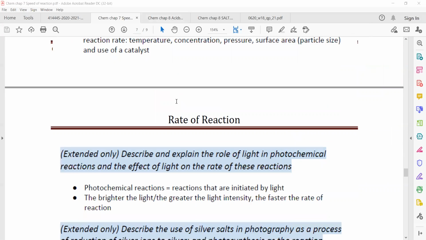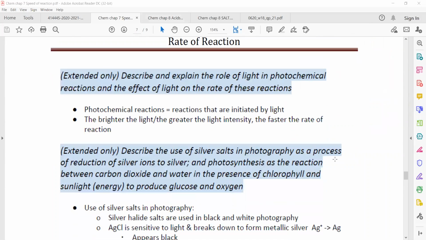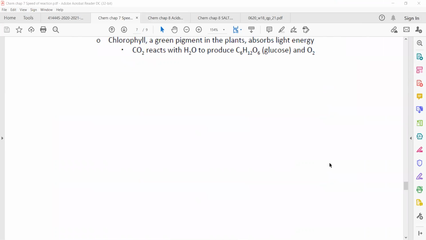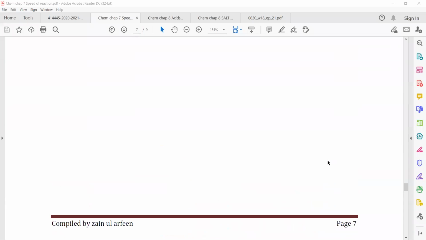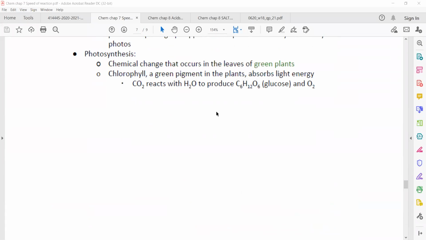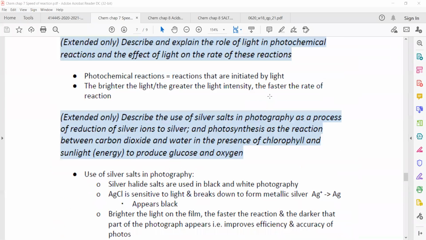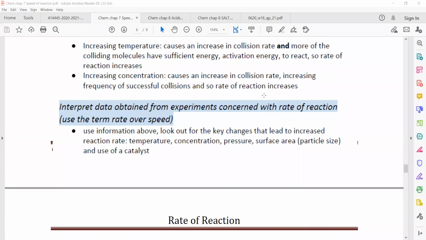So you should be able to plan an experiment in which you work out which one is a better catalyst. For this purpose, we normally use hydrogen peroxide. Hydrogen peroxide decomposes by itself, as it is not a stable compound.